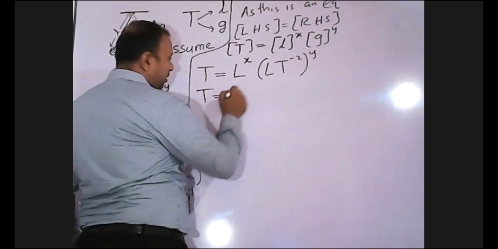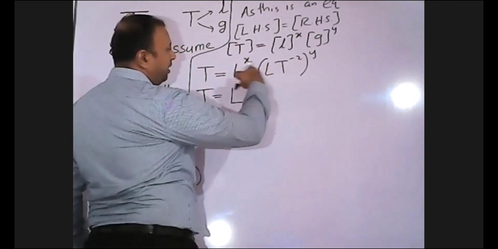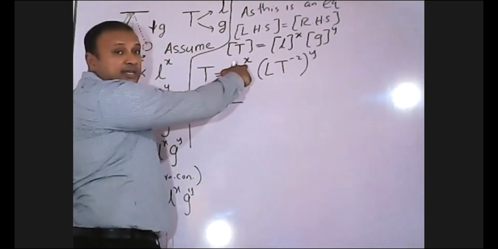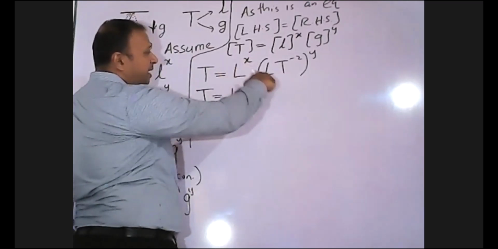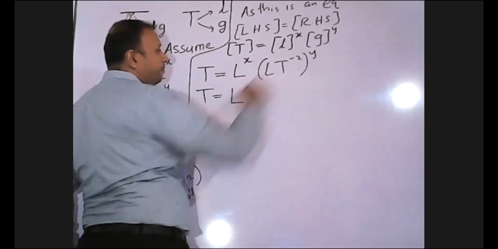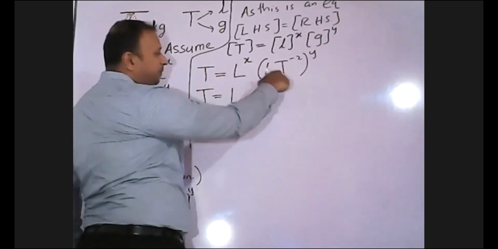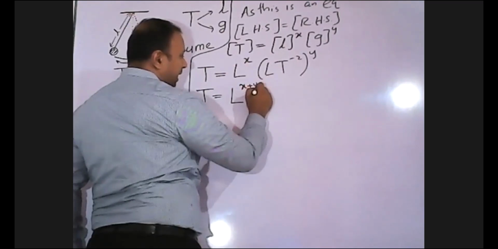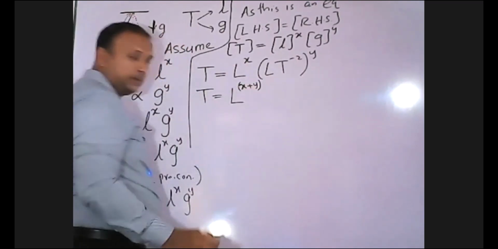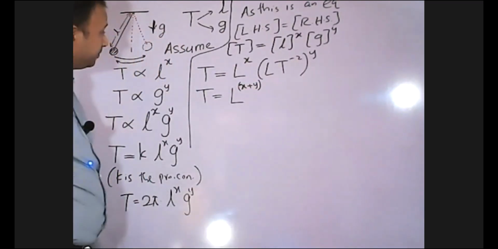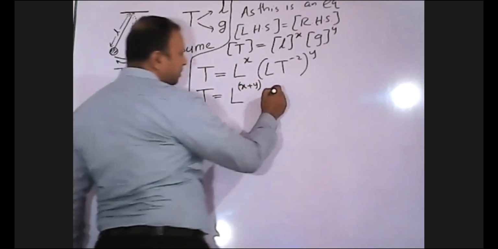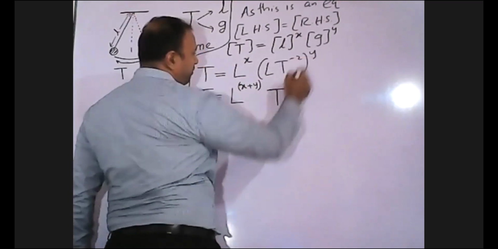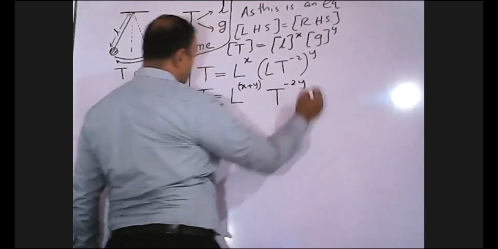Then I can simplify this. T is equal to L to the power x multiplied with L to the power y, so we will have L to the power x plus y, then T to the power minus 2y.